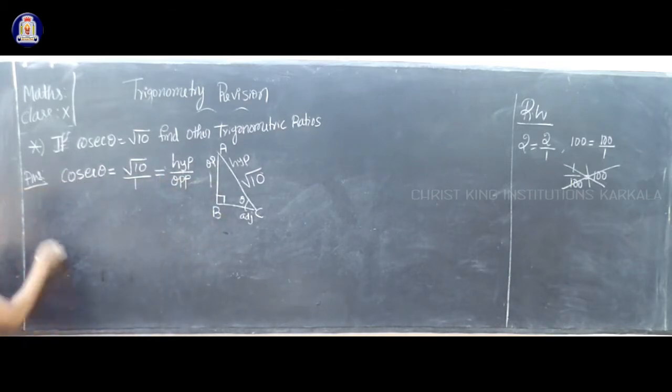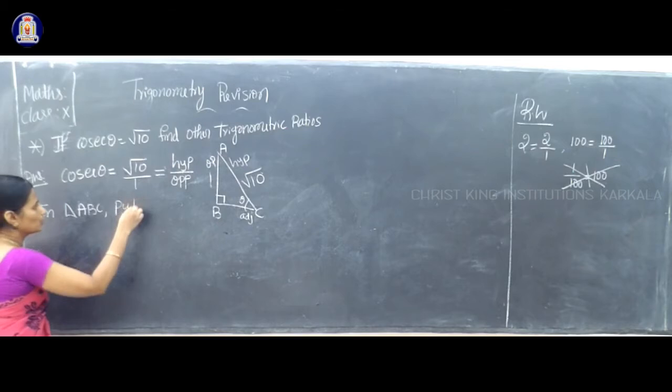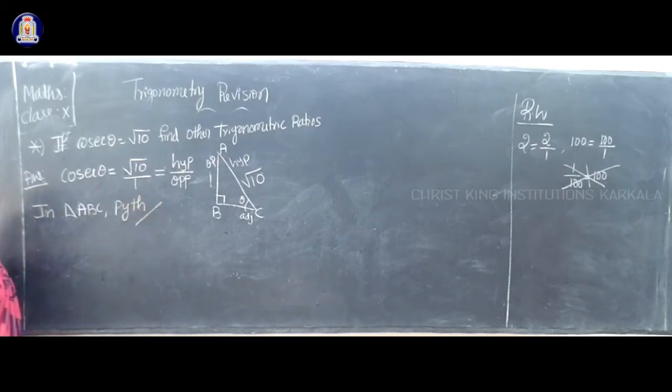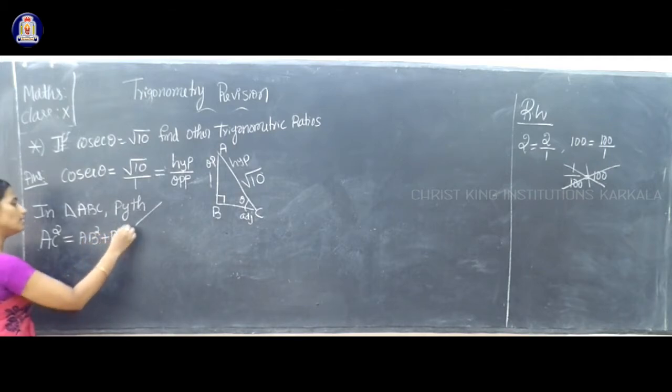So what to find here? Adjacent side. So how to find adjacent side? In the right angle triangle ABC, that is the Pythagoras theorem. Write the Pythagoras theorem completely. What is the Pythagoras theorem? Hypotenuse square is equal to, that is AC square is equal to AB square plus BC square. What is your AC square?